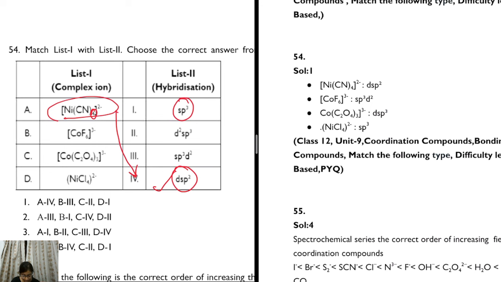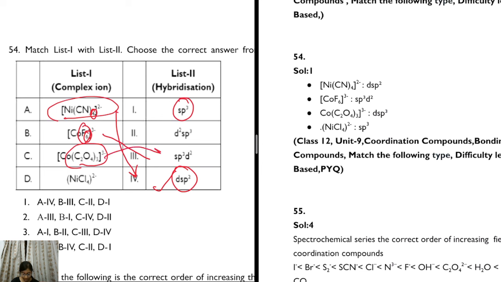And here you can see it's 6. Therefore, it is octahedral. Okay, and [CoF6], out of which F is a weaker field ligand. Therefore, the outer d orbitals will participate. This would be matching with sp3d2. Now, in the next part, C2O4, which is again a bidentate ligand.